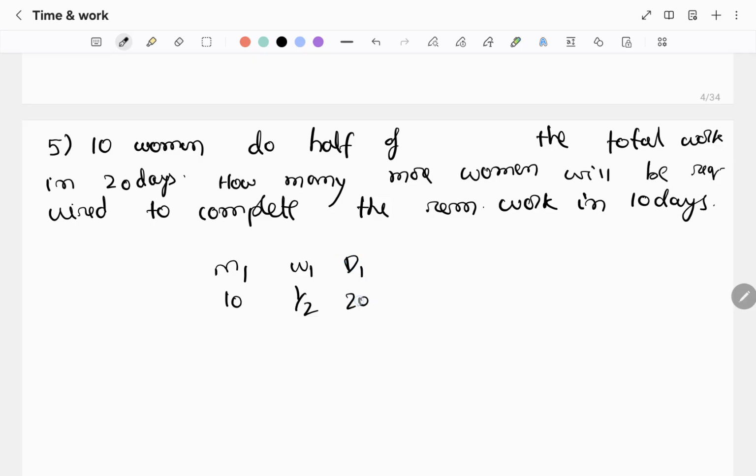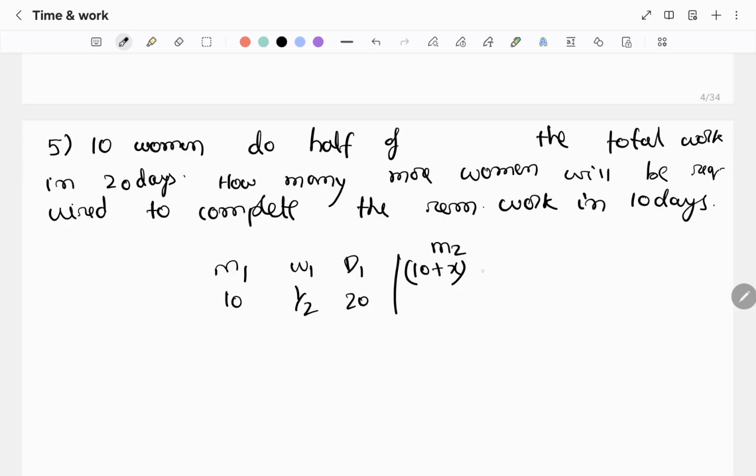D1 is equal to 20. Then how many more women? Means 10 plus x. M2, here woman is given, we need to take W. Suppose if you take W, then what work should we take? So that is why any person we are taking as M itself, either male or female or child, M itself.